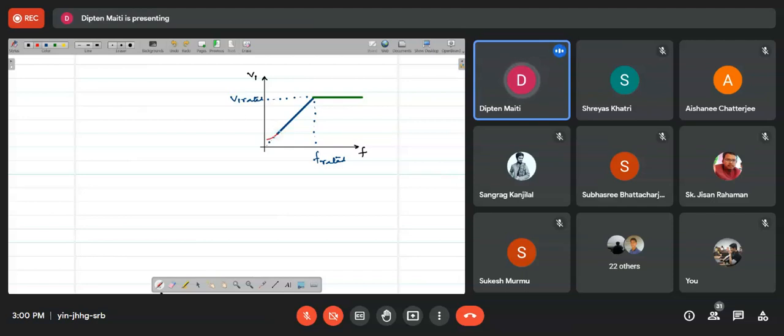To maintain the E by F ratio constant, we need something called voltage boost. So instead of starting at 0, we need this much voltage boost provided at the start to compensate for the drop across the stator resistance.